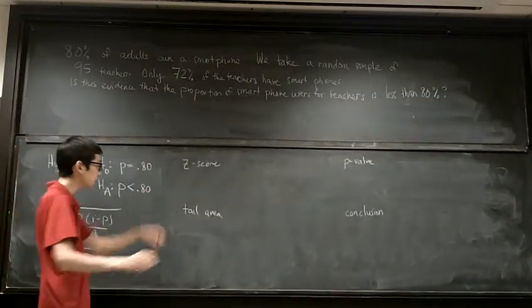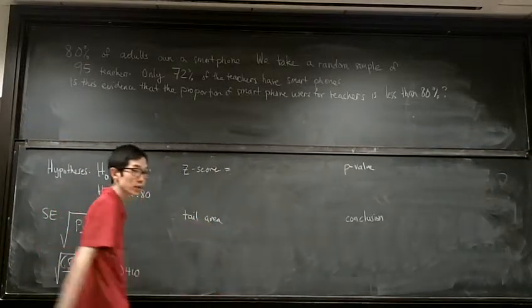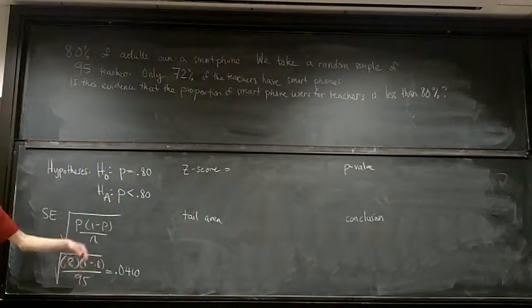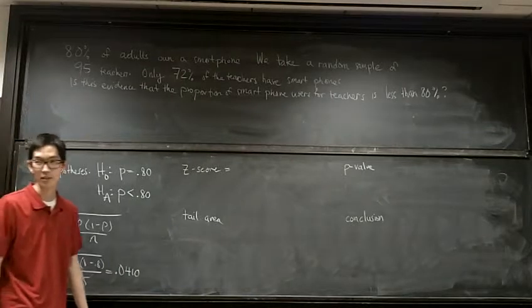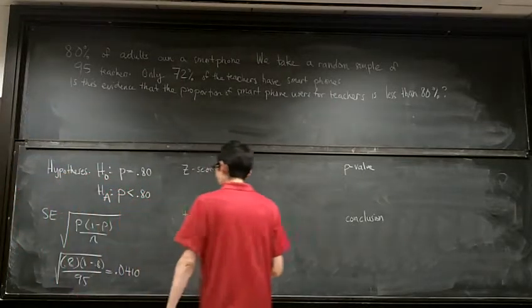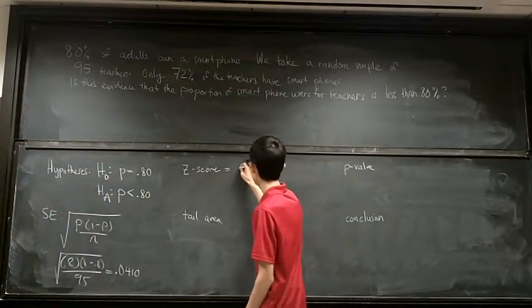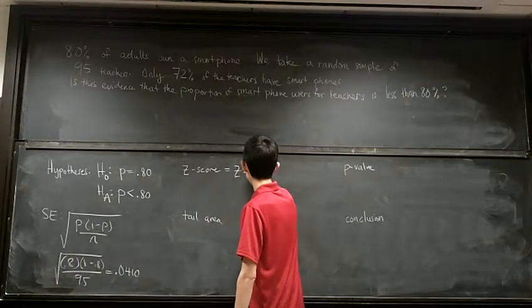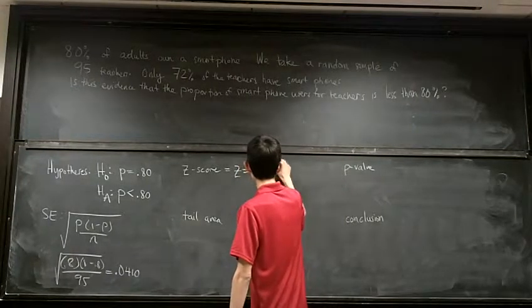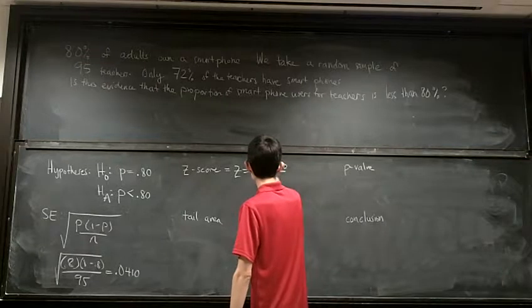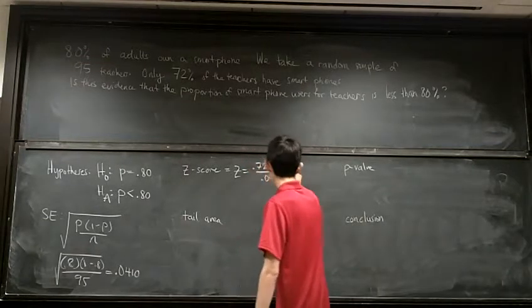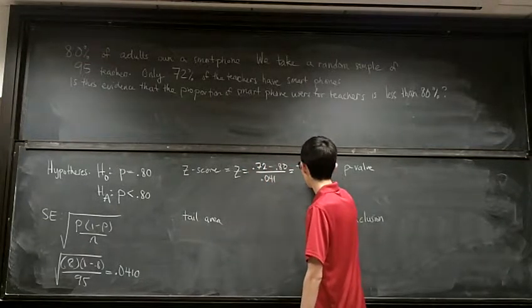Yeah, 0.041 is fine. For the z-score, my Z is 0.72 minus 0.80 divided by 0.041, and I get negative 1.95.